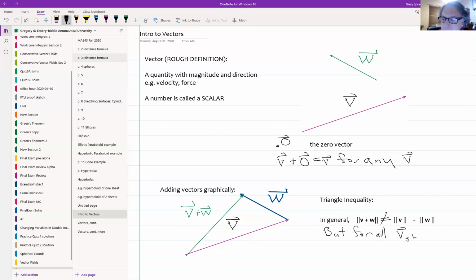For all vectors v and w, the length of v plus w is less than or equal to the length of v plus the length of w. So that's why it's an inequality, because it's not an equals, it's a less than or equals.